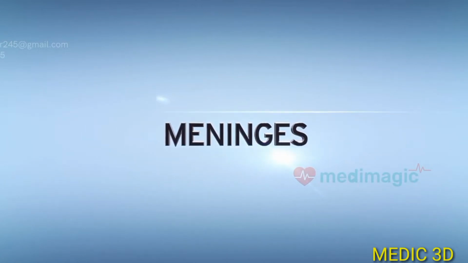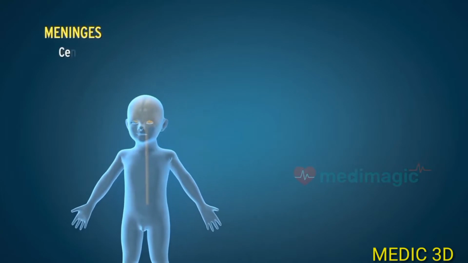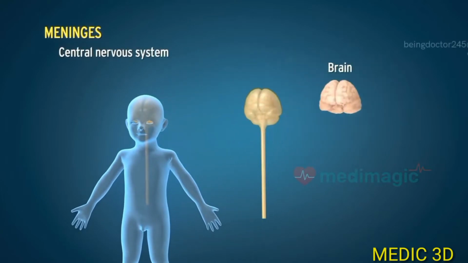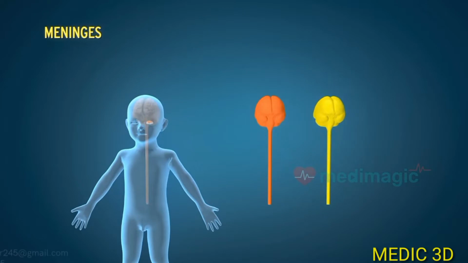Meninges. In the entire central nervous system, the brain, medulla, and the spinal cord are enclosed in three membranes.